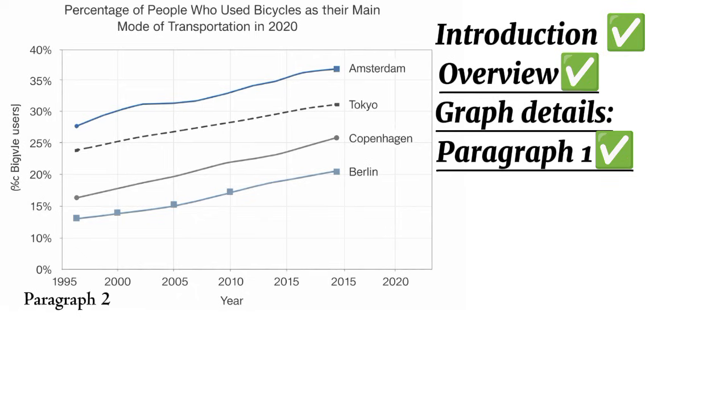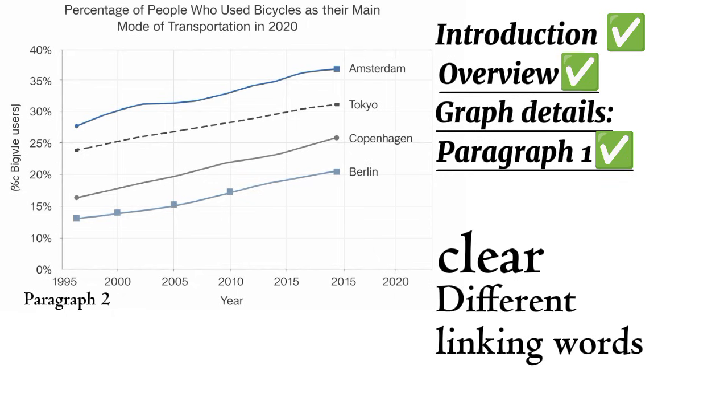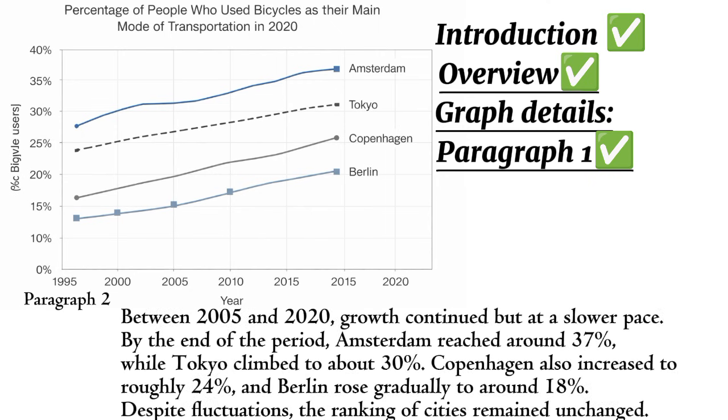Let's move to the final and second paragraph. We have the remaining data from 2005 to 2020. This paragraph shows how you end your writing with clear, not following the similar ideas or trends, and give smooth and important data from the graph. My paragraph looks like this.